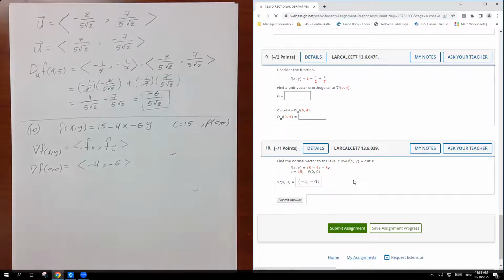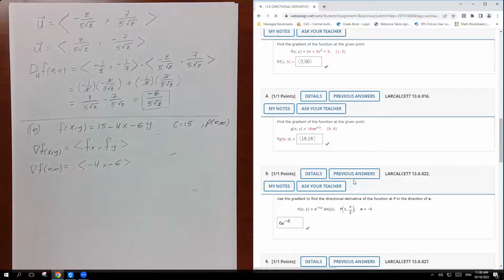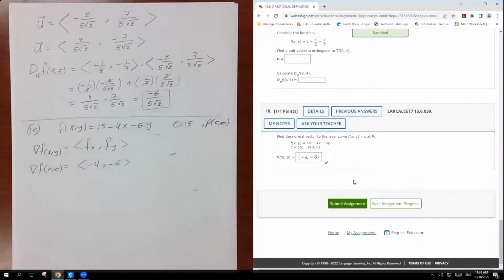But it's supposed to be orthogonal to this point with the curve. So the level curve is going to be equal to 15. That means this one equals 15, and you're going to solve it. You're going to get negative 4x minus 6y equals 0.